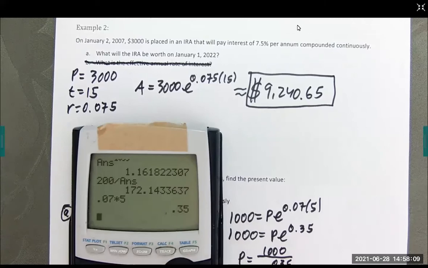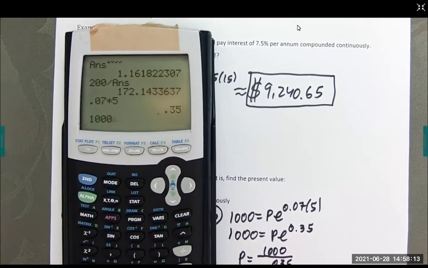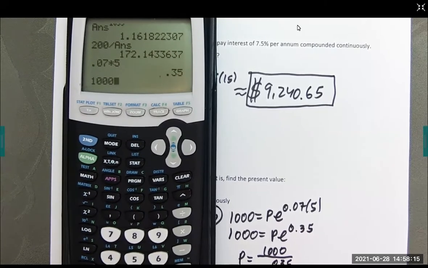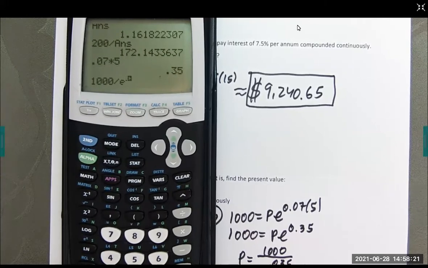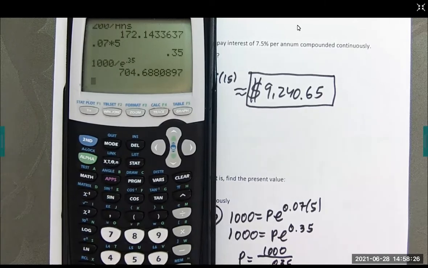Let's see what that looks like. 1,000 divided by second ln, which is e to the 0.35 power. There. So this is about $704.69.